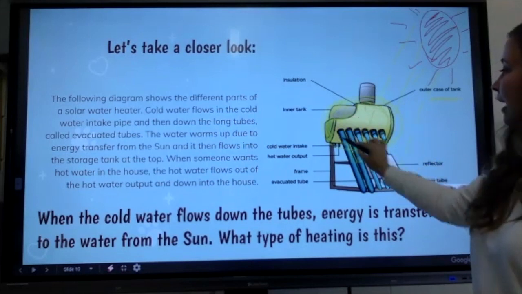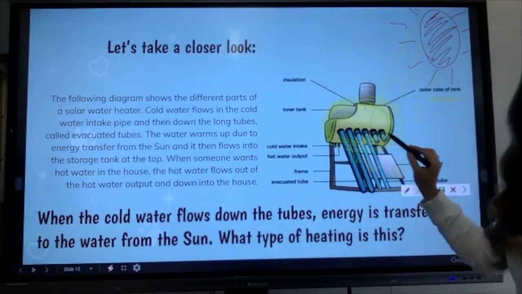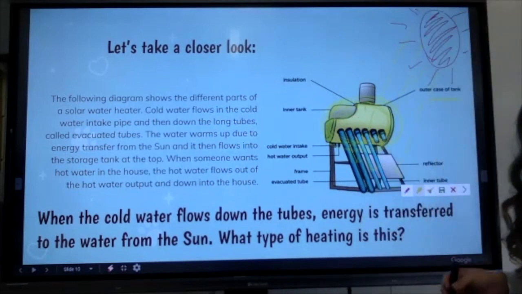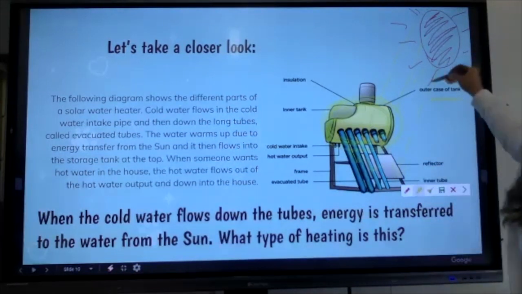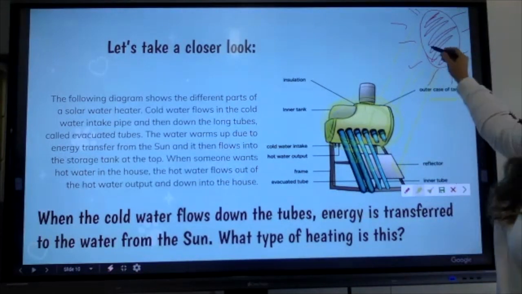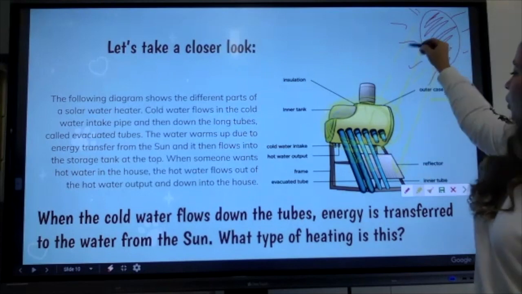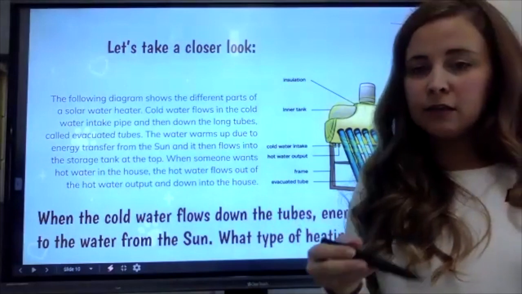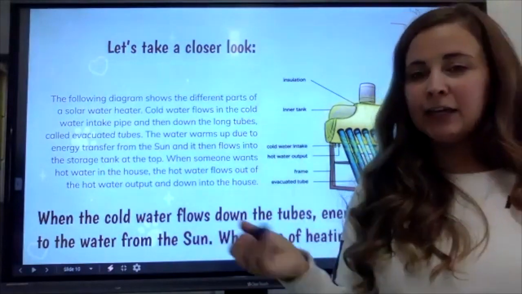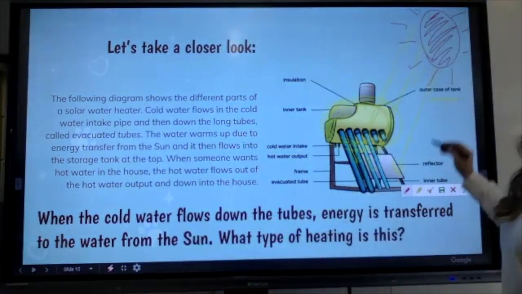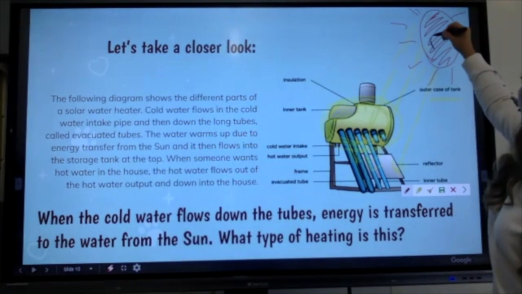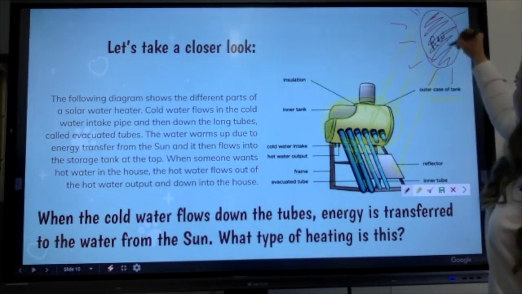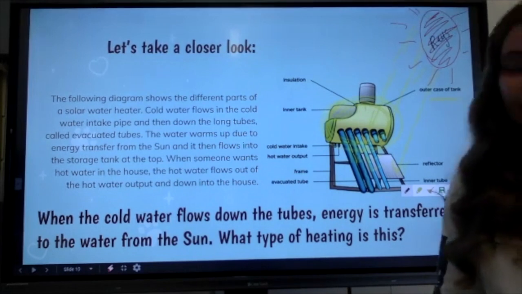So that's why we wrap it in an insulator. Okay? But what type of heat transfer is it when the sun's rays shine down and warm the water that's in those pipes? Radiation, absolutely. So when the sun's rays shine down, we have radiation.